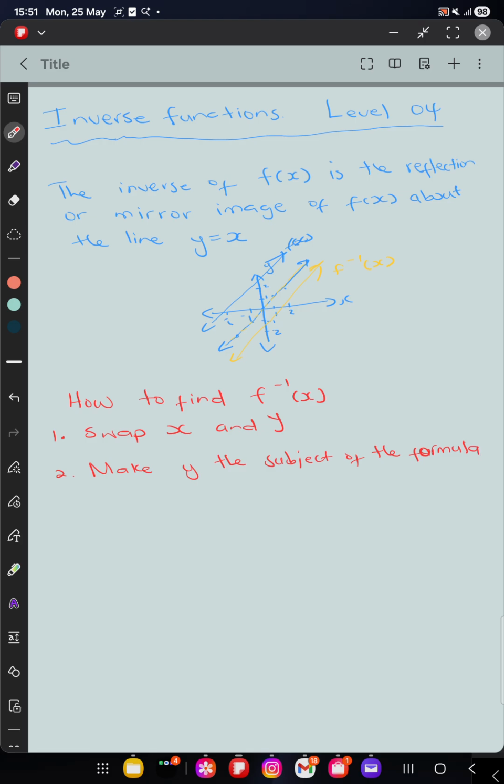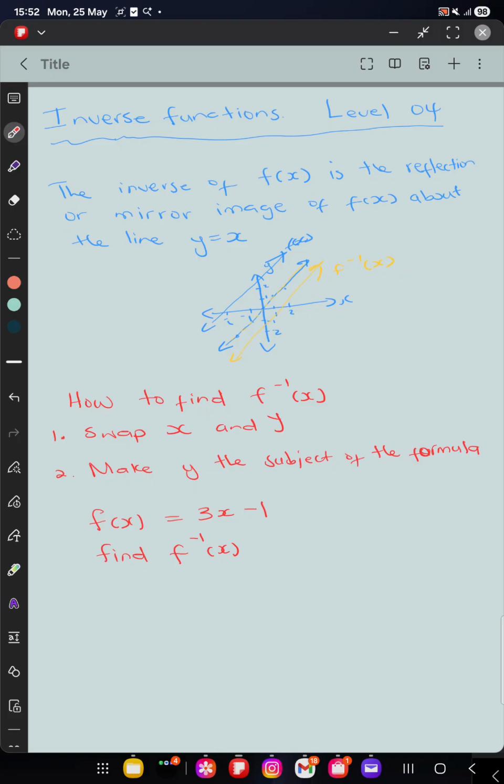All right, let's take an easy example. Let's say f of x equals 3x minus 1 maybe. So now the question is find f inverse of x.